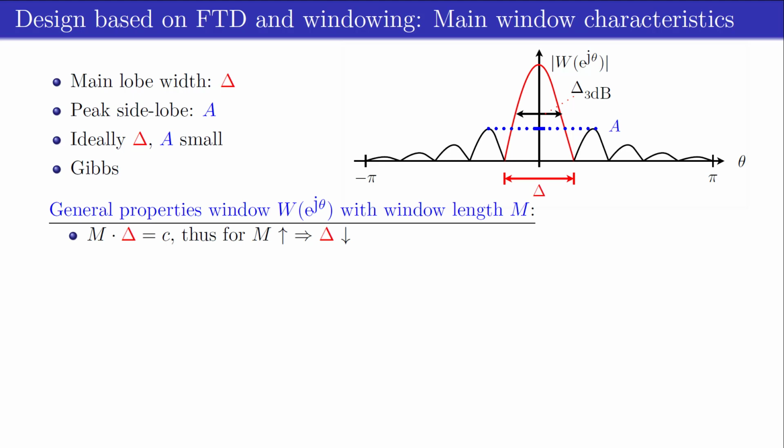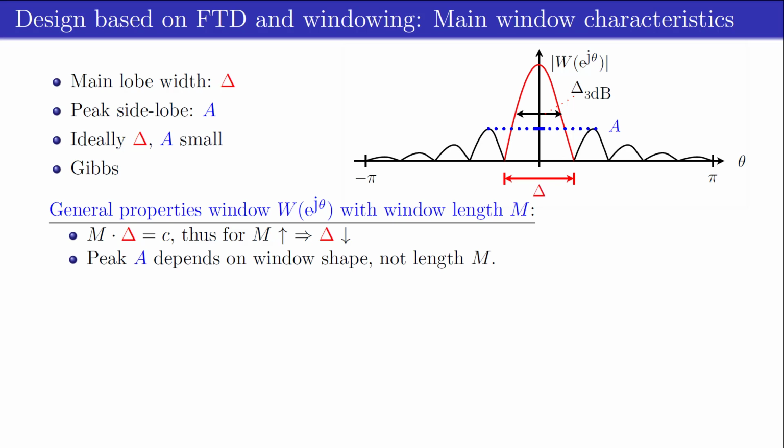Some general properties of W(e^jθ) are the time bandwidth product M multiplied by delta is constant, which implies that the main lobe width delta can only be made smaller by increasing the length M of the FIR filter, and thus the price to be paid is increasing complexity.